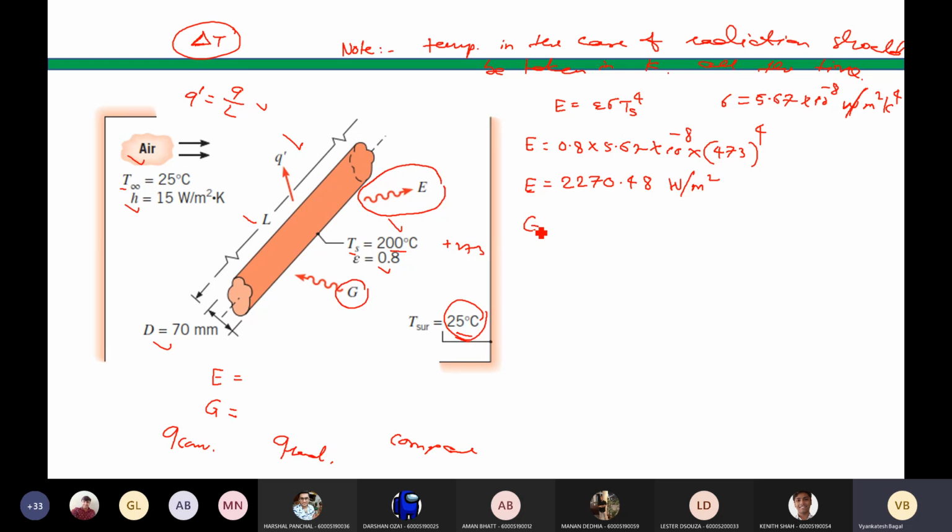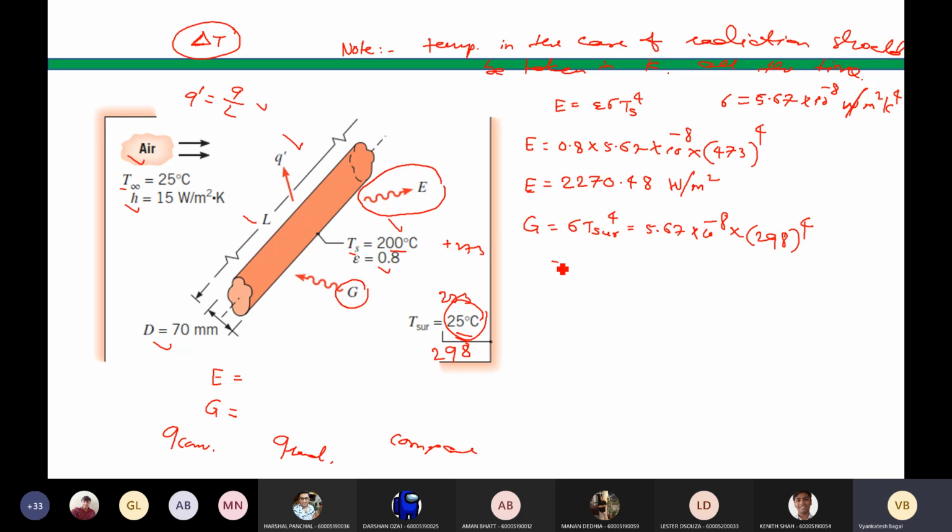Now find out the irradiation G. How do you calculate irradiation G? What is the formula? You must have noted down from the previous slide. Sigma T surrounding raised to 4. So again 5.67 into 10 raised to power minus 8 into the surrounding temperature, 25 plus 273, which is 298, right?